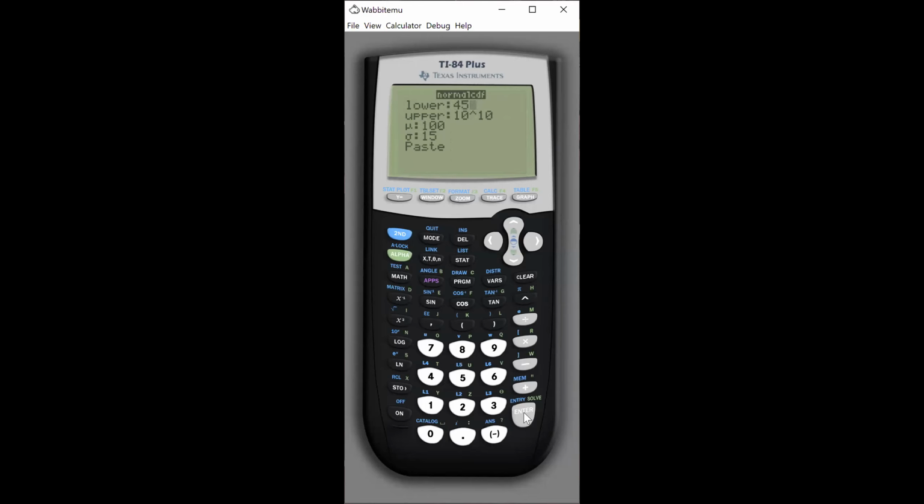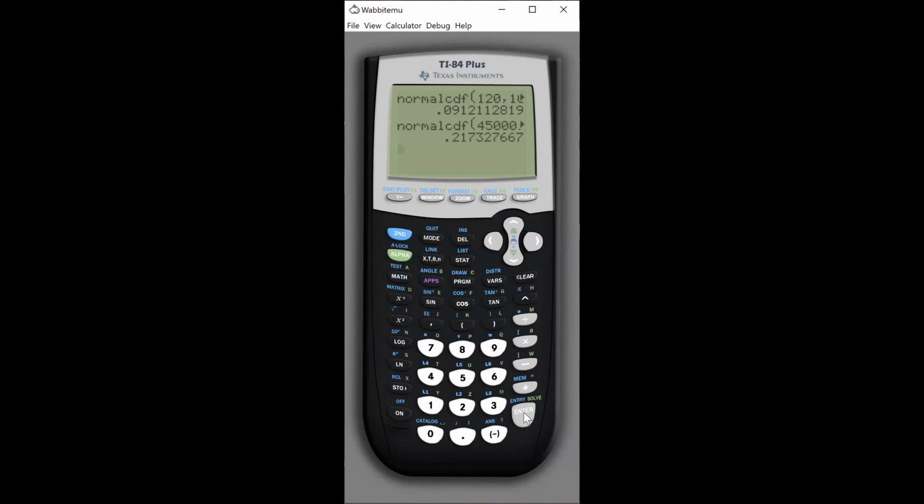The first one is 45,000. The upper is 10 to the 10 power, so we'll just leave that as is. Then we put 42,500, and sigma is 3,200. We go to paste, we go to enter, and that's our probability.